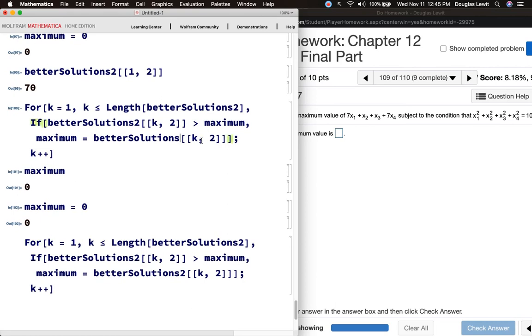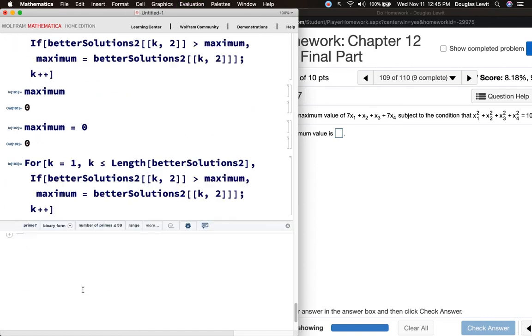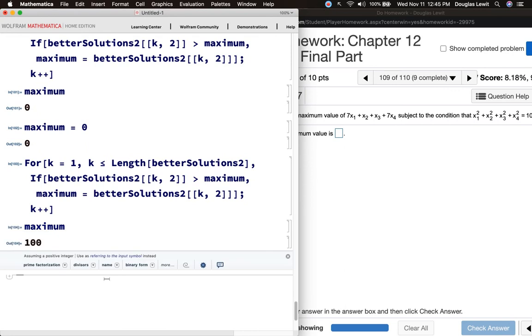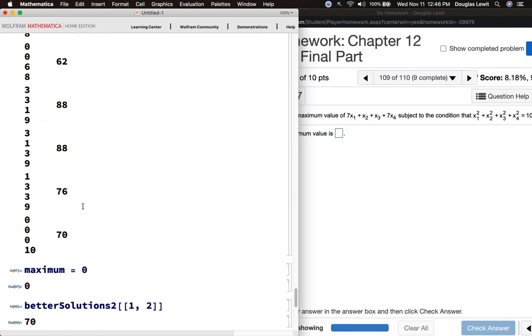Yeah, again, I forgot to do the 2 here. That's just a stupid mistake. Shift enter. So now maximum should be 100. Yeah, so I just forgot to put betterSolutions2. That was just a stupid mistake. So the maximum is indeed 100.